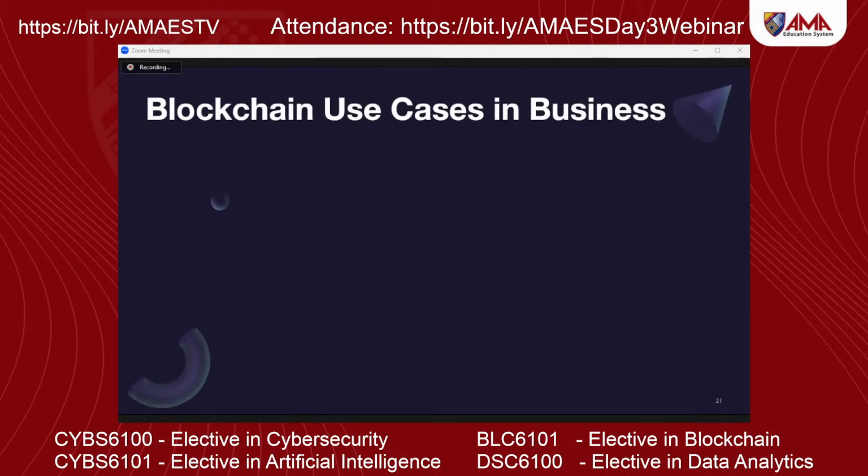Blockchain use cases in business, in terms of banking. So yung mga advantage ng blockchain sa business in the future, or siguro meron na ngayon na nag-a-adapt, marami na rin sure na nag-a-adapt nito ng blockchain technology natin.